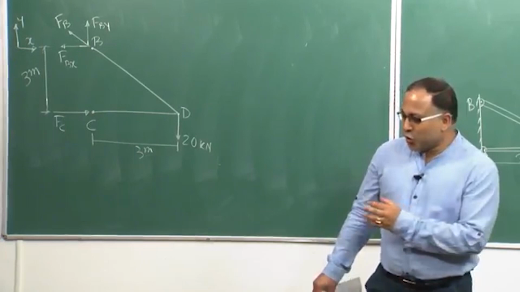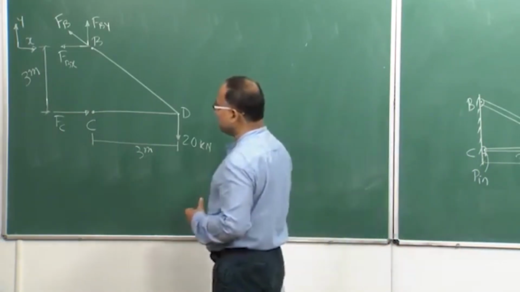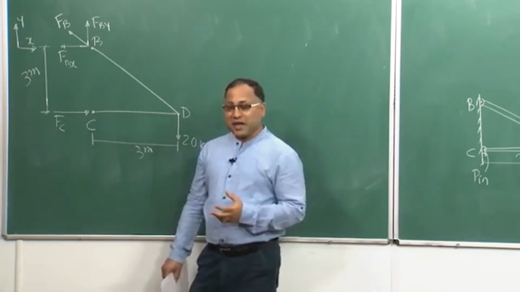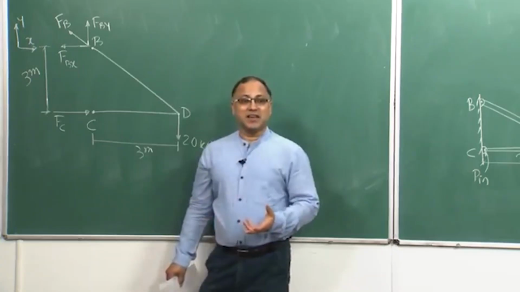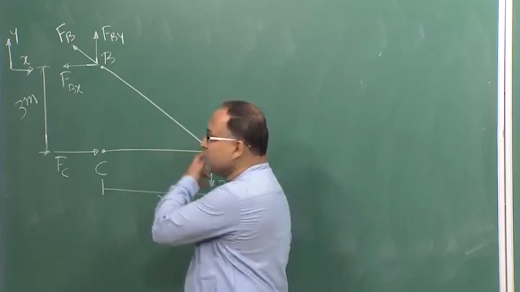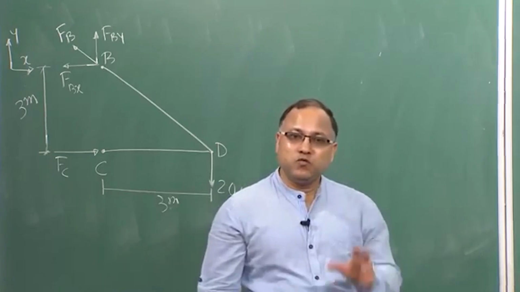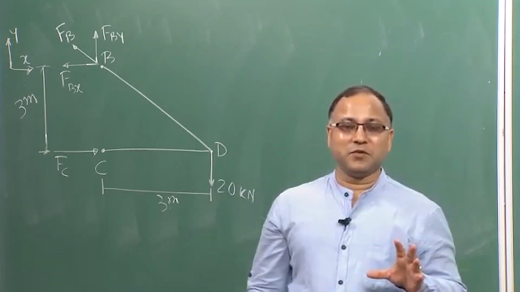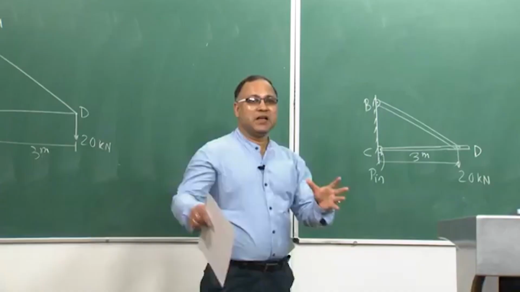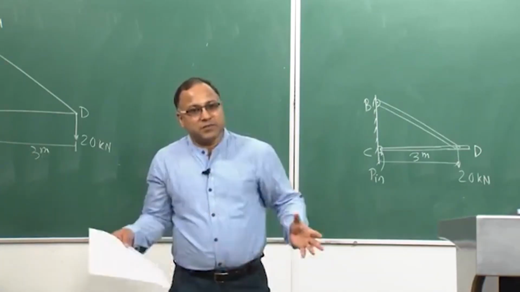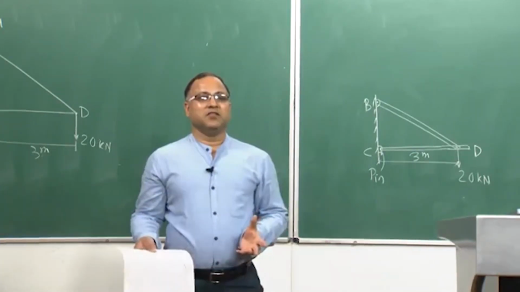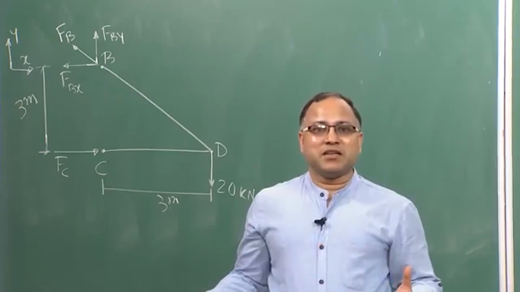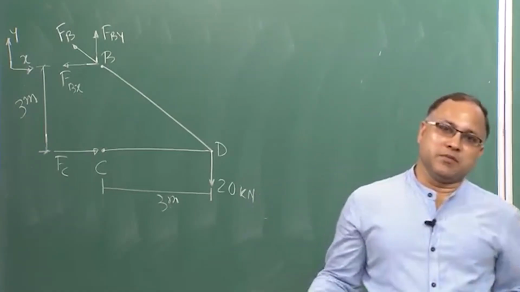So, the obvious question is arising in your mind, and the answer is that CD and BD both are two force members, because this is a frame structure, very much similar to your truss system, and the members can be idealized as two force members.